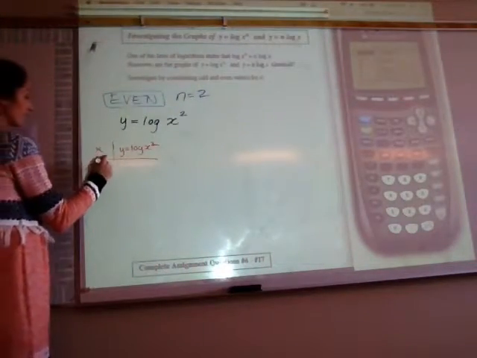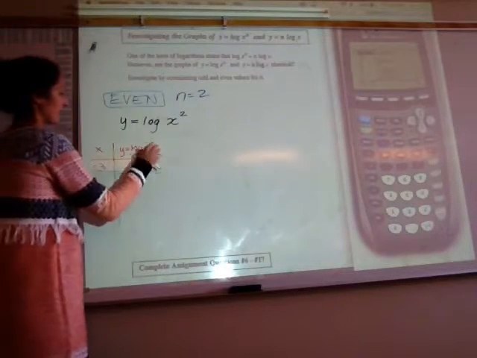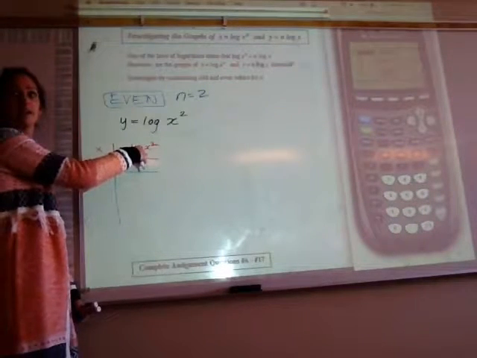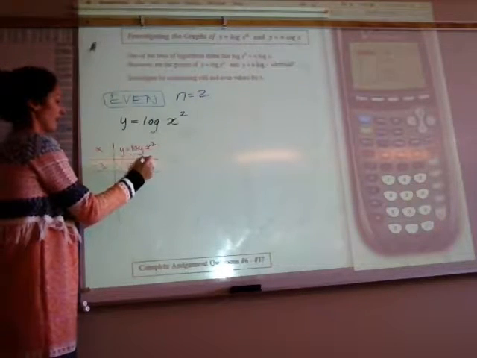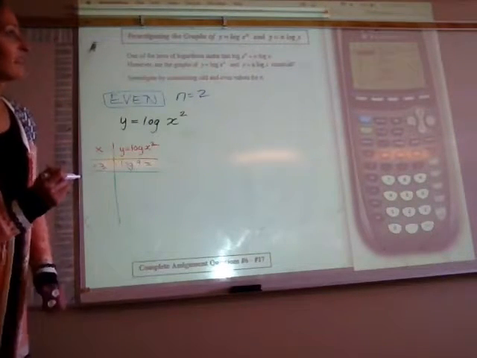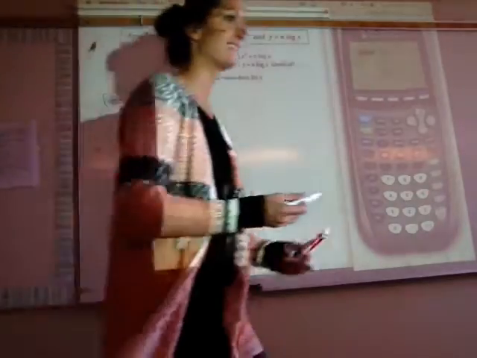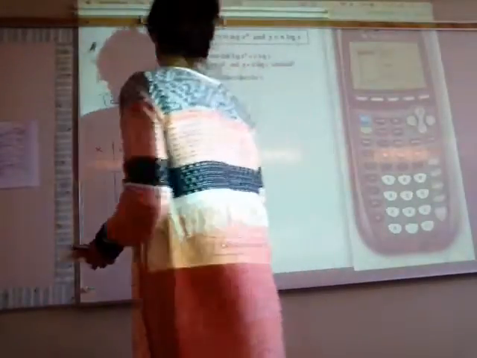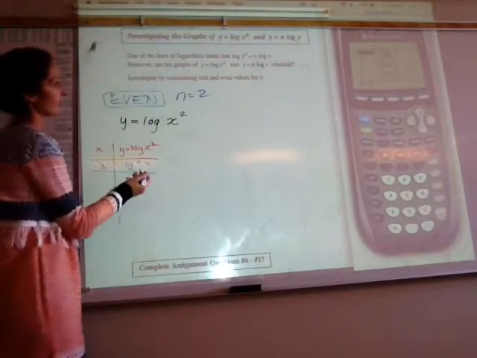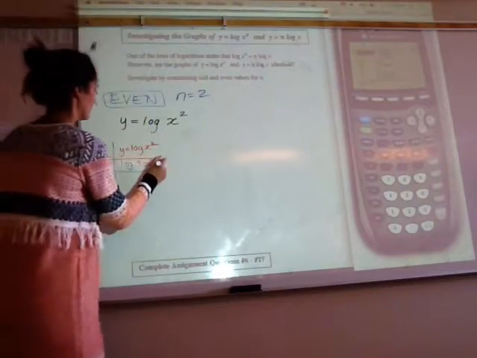So at -3, if we plug that in, we get log of -3 squared, which is actually log 9. In our table of values, I didn't go high enough, but if we evaluated log of -3 squared, we would get 0.95.